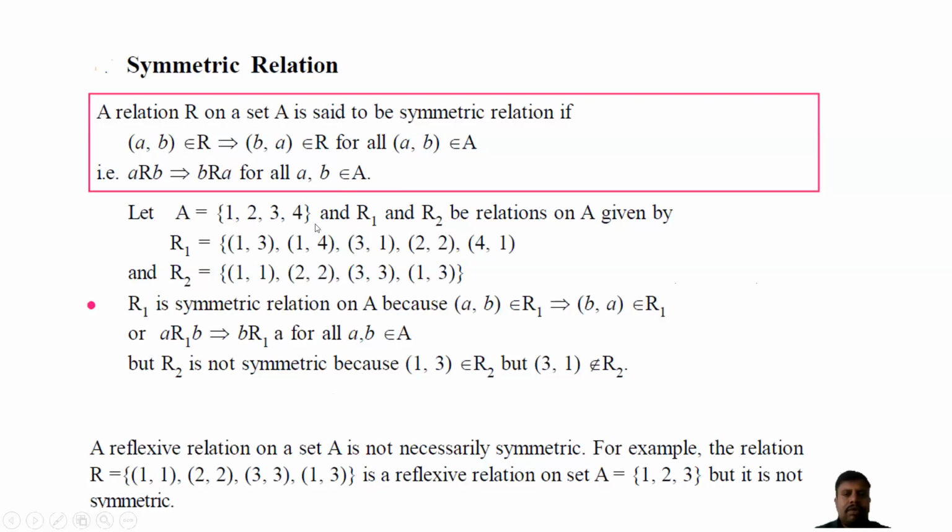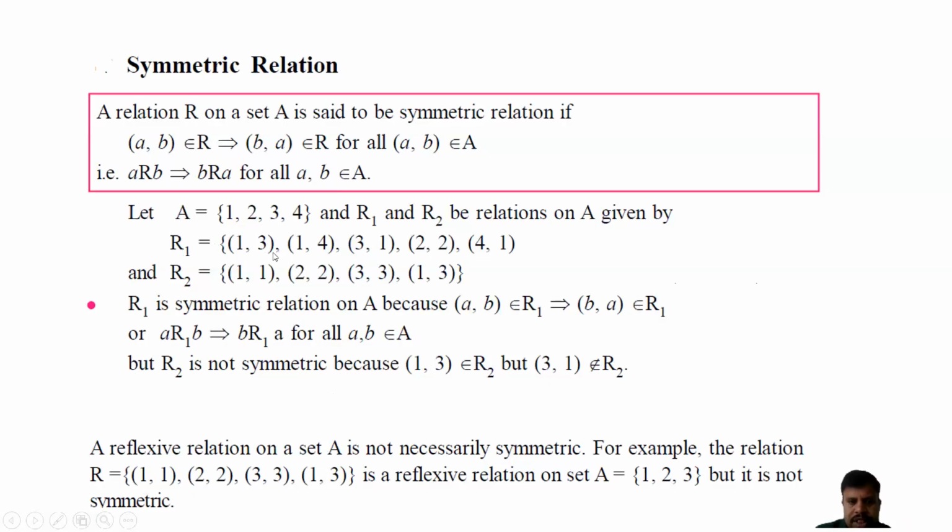So let A = {1, 2, 3, 4} and let R1, R2 be relations on A given by R1 = {(1,3), (1,4), (3,1), (2,2), (4,1)} and R2 = {(1,1), (2,2), (3,3), (1,3)}. Here the relation R1 is symmetric. Why?